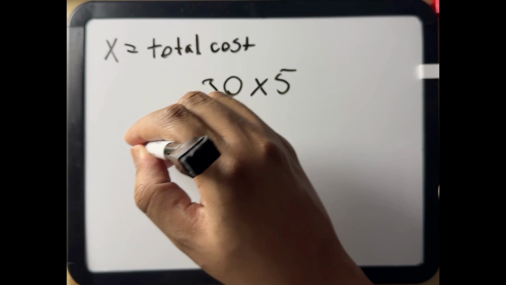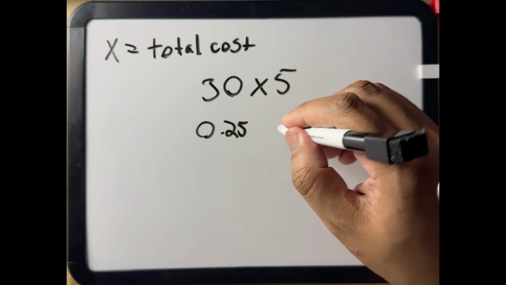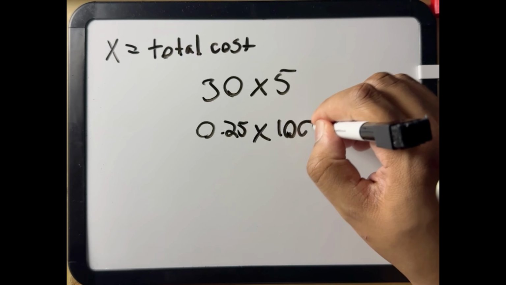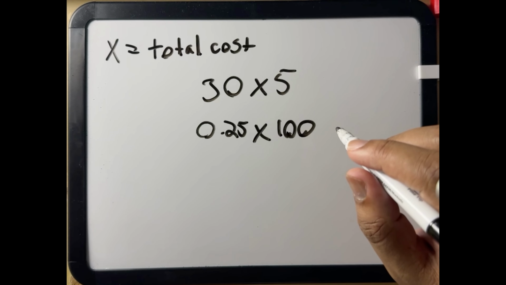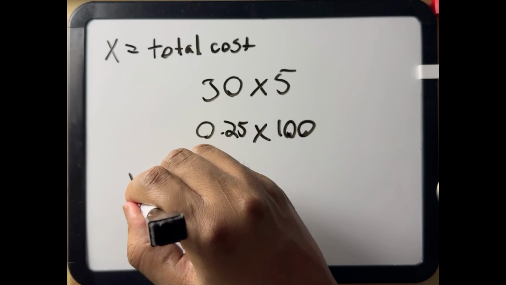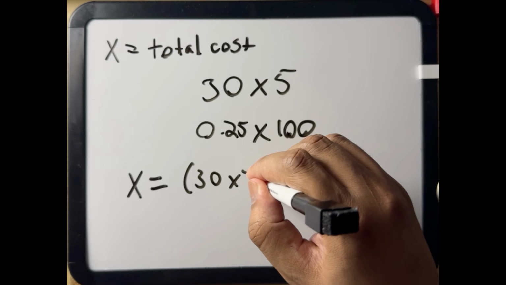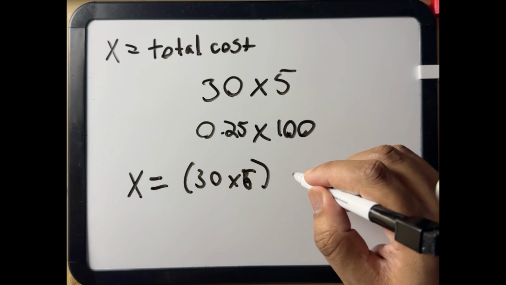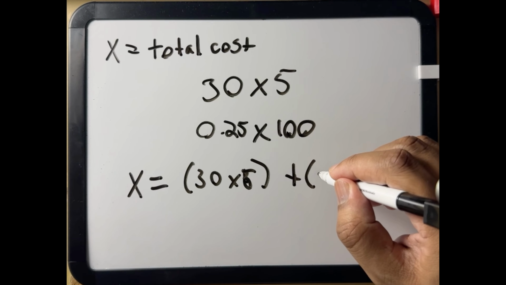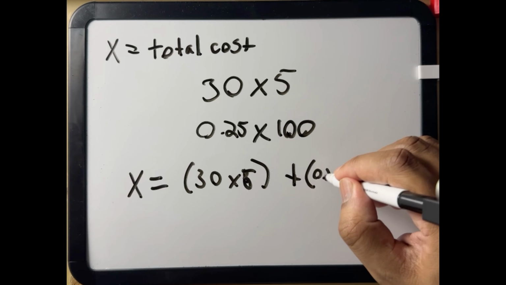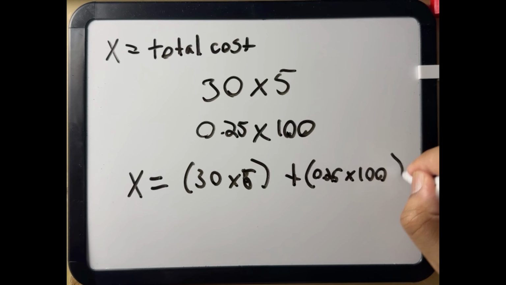So 0.25, 25 cents times 100 miles, is the other part of the equation. Now we can set up the equation to find the total cost. X equals 30 times 5 plus 0.25 times 100.